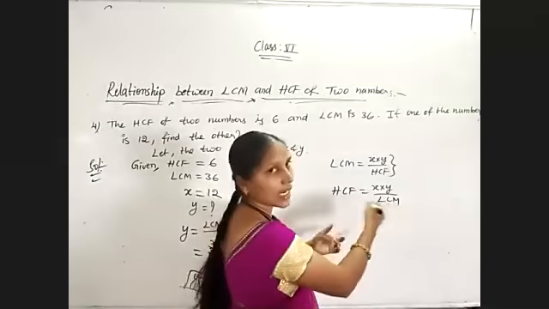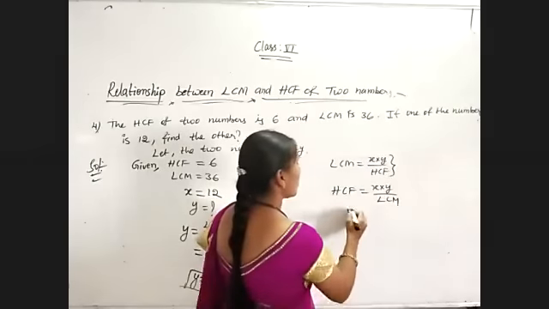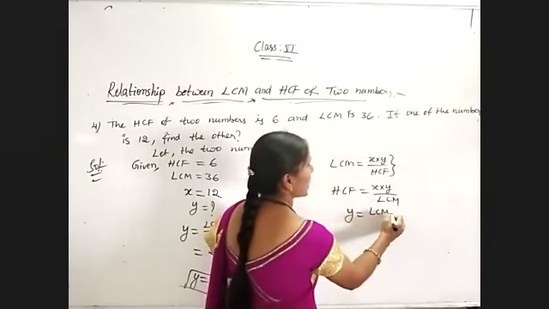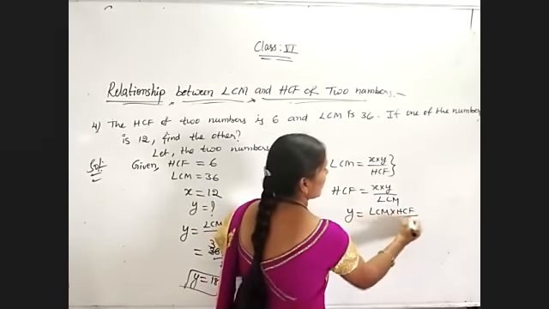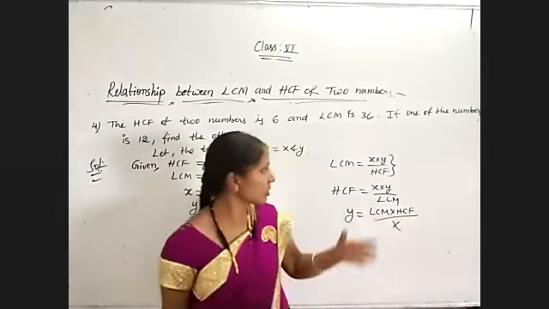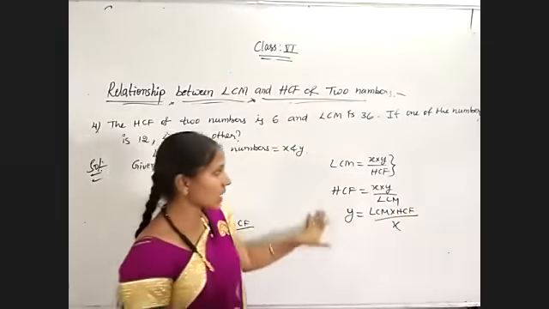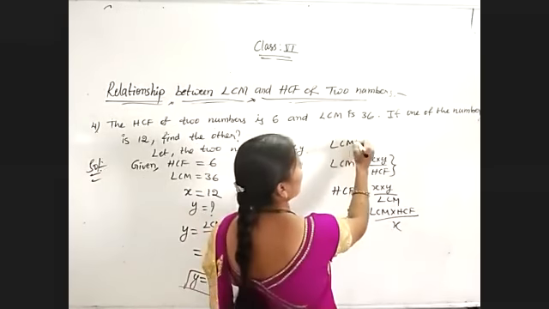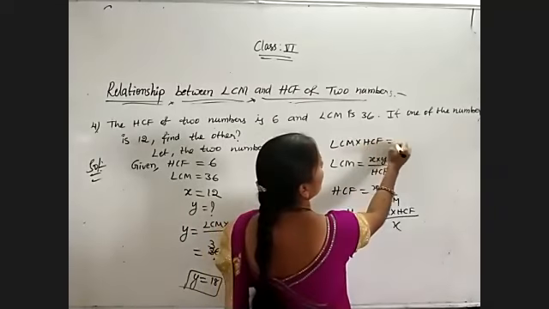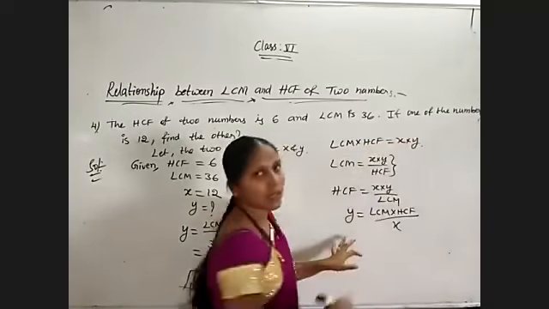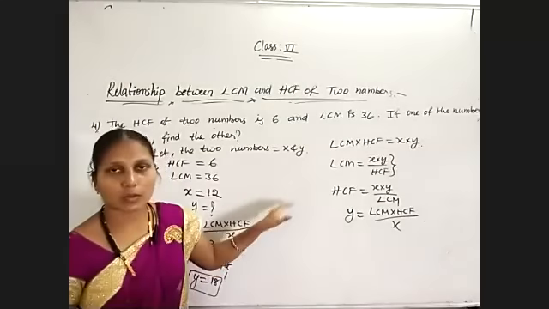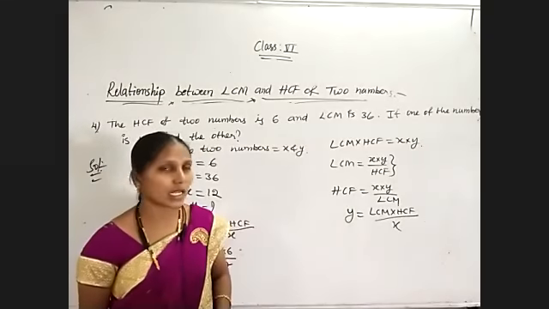And to find out any one of the numbers, product of LCM and HCF by the other number. By using all these formulas, we got the basic formula LCM into HCF is equal to x into y. So remember this very clearly, and tomorrow I'll explain the next topic.